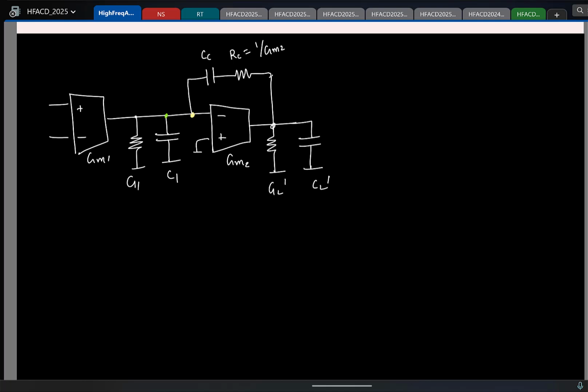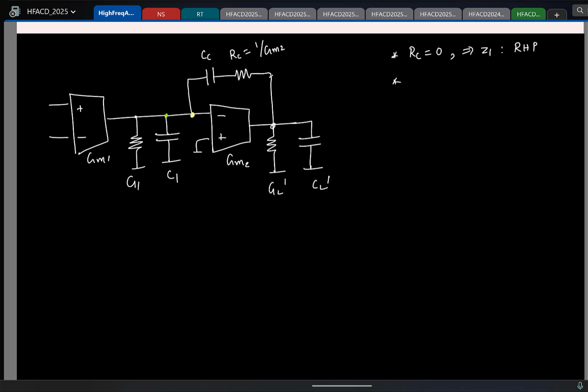So now if you think about it, when I didn't have RC, when RC was 0, where was the 0 located? Yeah, it was in RHP, right? GM2 by CC, exactly. So that is in RHP.